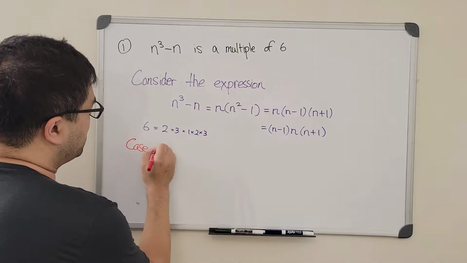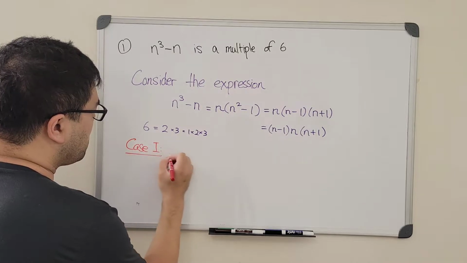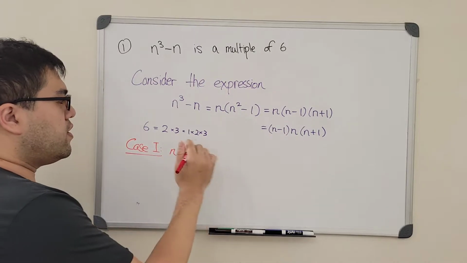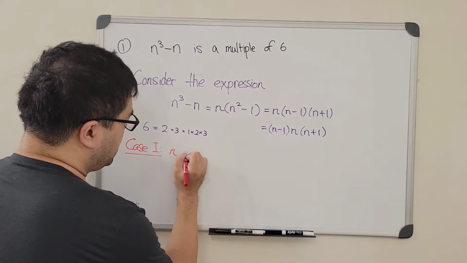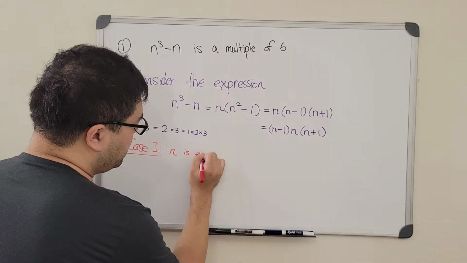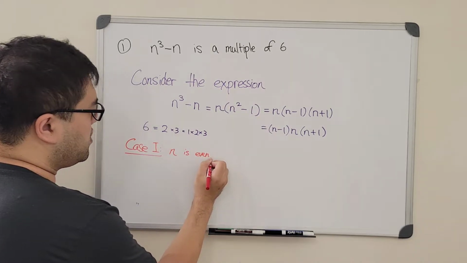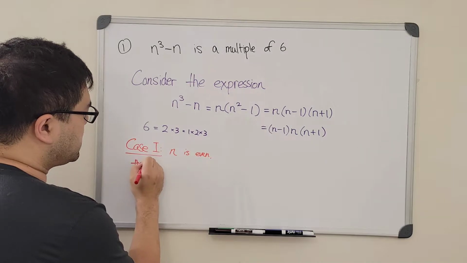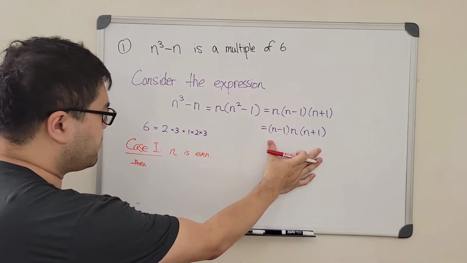So let's say case 1. If n is even, then we can see that the product is also even.